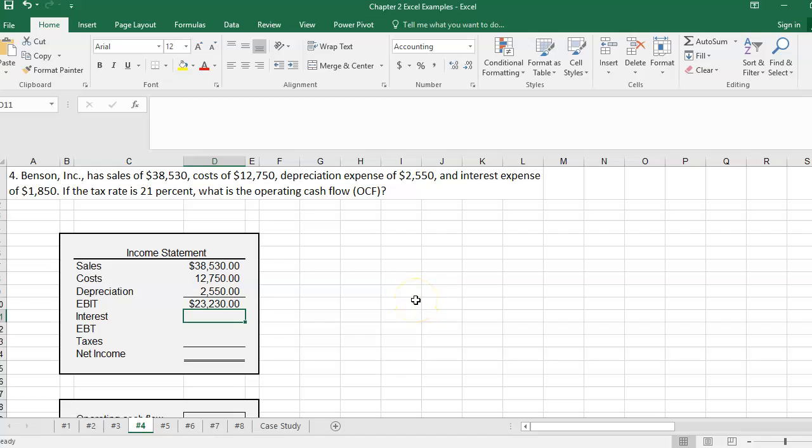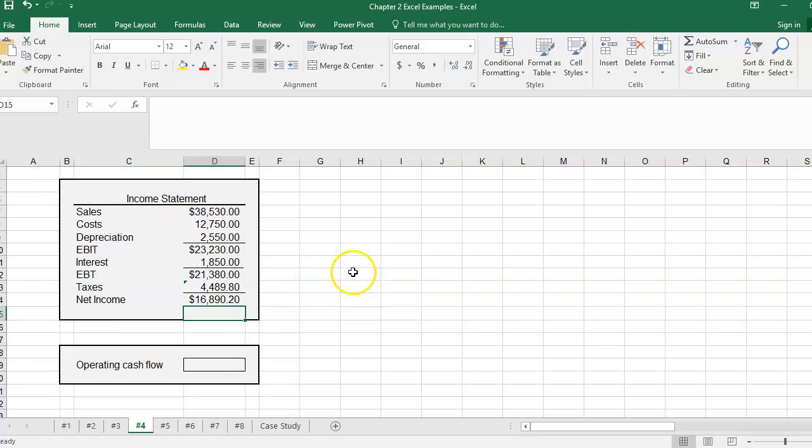Our interest expense is $1,850. We subtract that from EBIT to get our earnings before taxes, and our tax rate is 21%. So we take our earnings before taxes times 21%. This leaves us with a net income of $16,890.20.